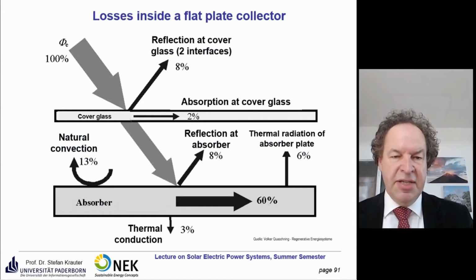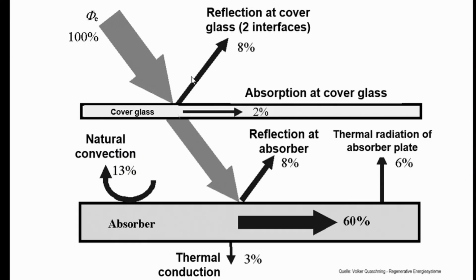Here you see it again, so just as I mentioned here, 8% means that both losses are 4% here and 4% here, absorption 2%, reflection at the absorber it's not 6%, 8%, it depends on the quality of the manufacturer and so on. Here the thermal radiation and the thermal conduction, and here 13% for the natural convection.